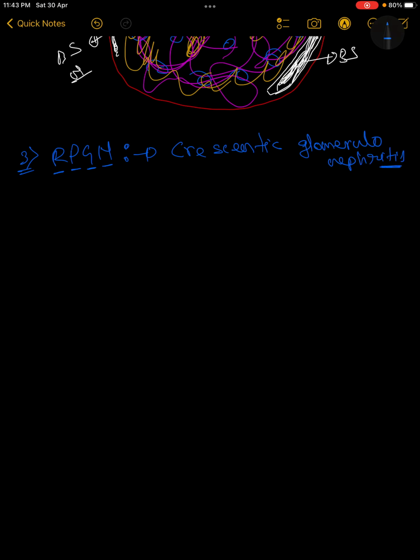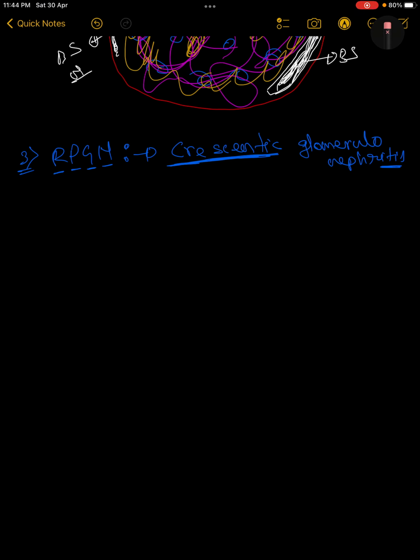So here is our inflammation. So what we will find, okay, in crescentic, before we draw this diagram we have to know this terminology. So what is this crescentic? Crescentic is a half moon like structure. So this is our moon, okay, and this structure is known as crescent, a half moon like structure.